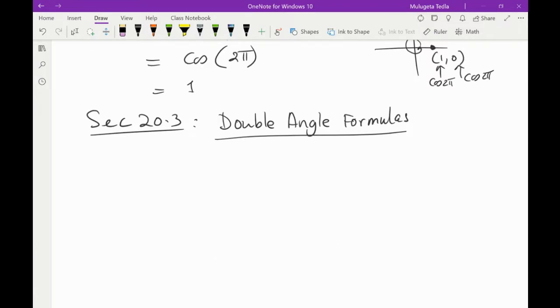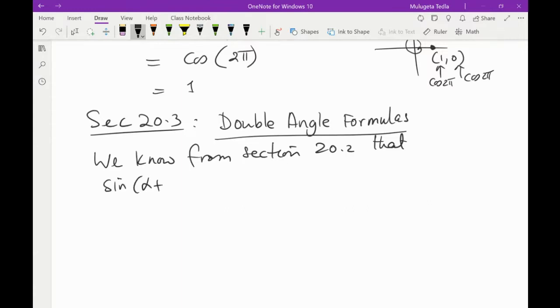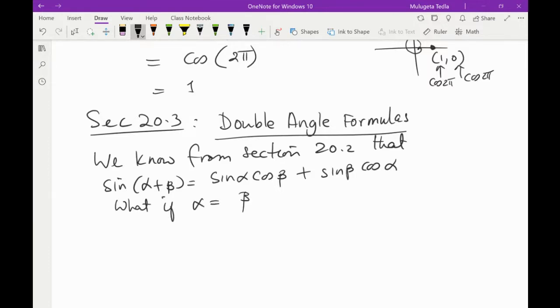How do we come up with them? We know from section 20.2 that sine of alpha plus beta is sine of alpha cos of beta plus sine of beta cos of alpha. So my question is, what if alpha is equal to beta?